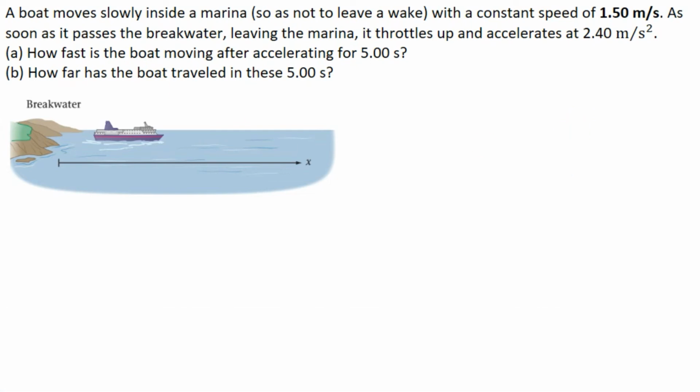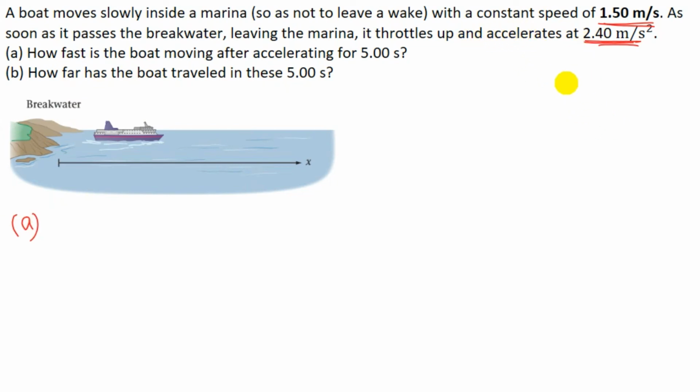So initially the boat was traveling at a constant speed of 1.50 meter per second. Now as it passes through the breakwater, it accelerates at 2.40 meter per second squared. So there are two parts. We're going to solve the A part first. So let me first write the input data.